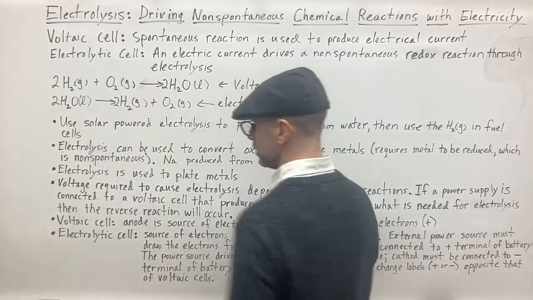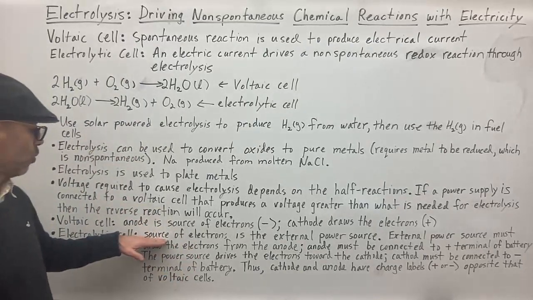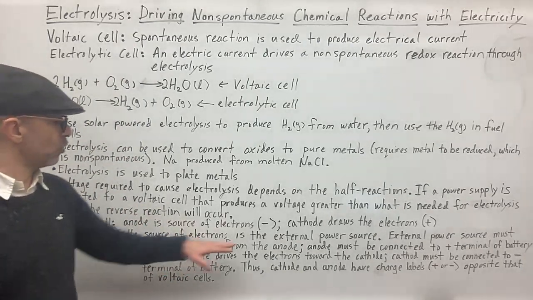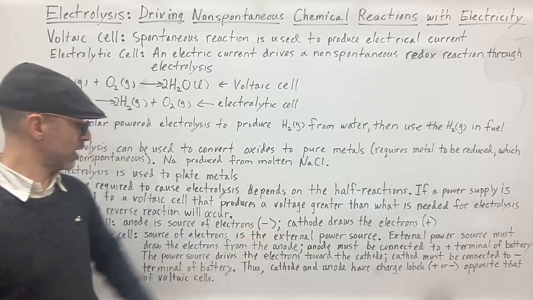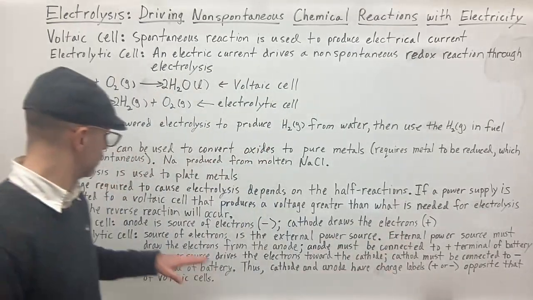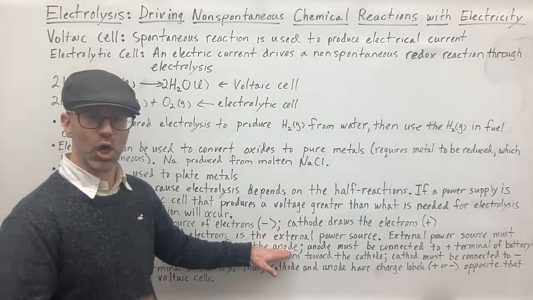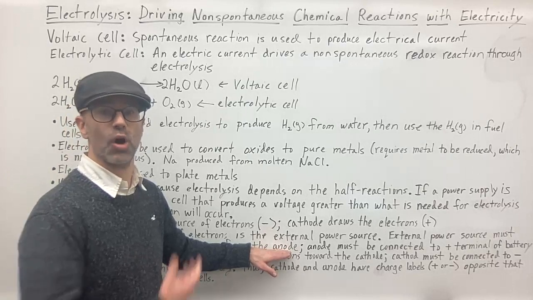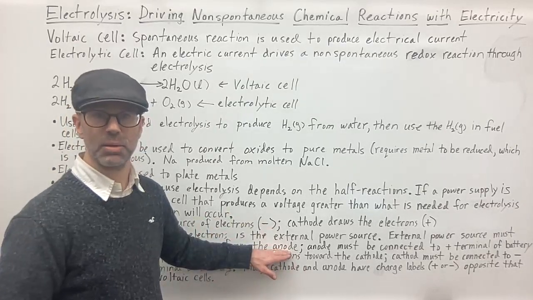For an electrolytic cell, however, it's kind of switched. So the source of the electrons is going to be the external power source, whatever that is. That's where you get your electrons from. And so the external power source is going to be drawing the electrons from the anode. So it's going to cause the anode to give away its electrons. So you've got to make that happen with a battery.